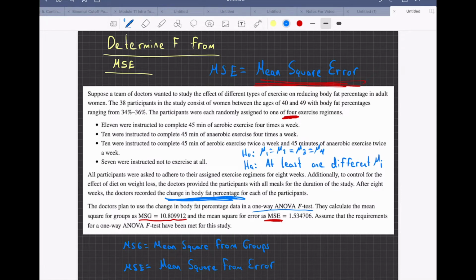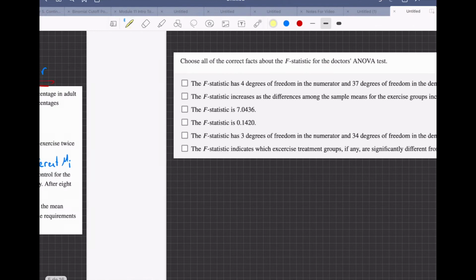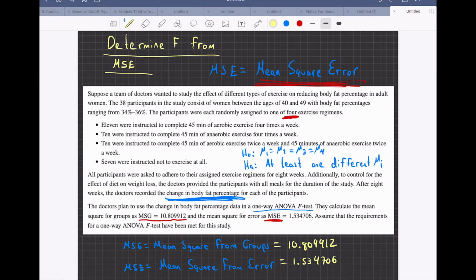We are going to compute all of this later with another example by using Minitab, but not to compute them manually. So in this case, this is going to be 10.899112 and 1.534706. There you have it. So we're going to need this. How do we compute the F statistic with this?